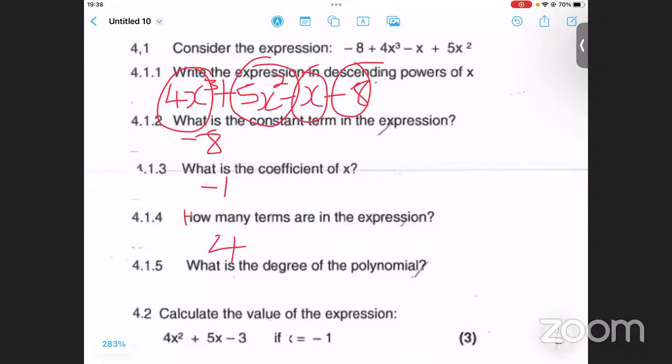Let's go to 4.1.5. They say, what is the degree of the polynomial? Let's see. Lihumo. Ma'am, it's 3.